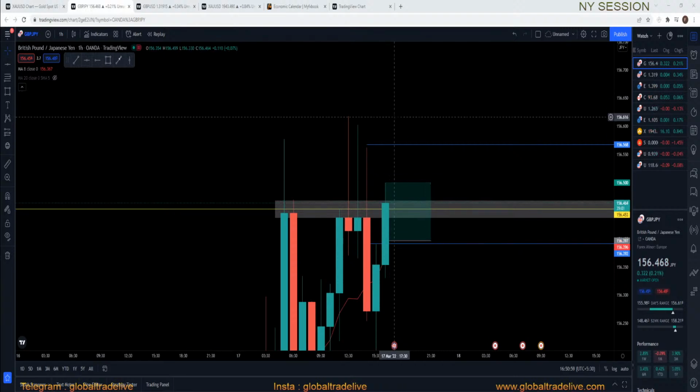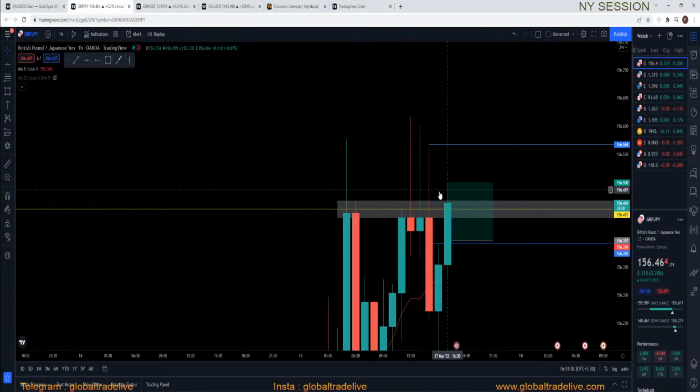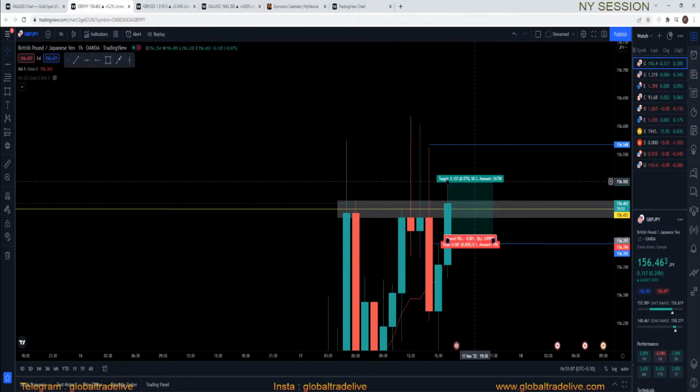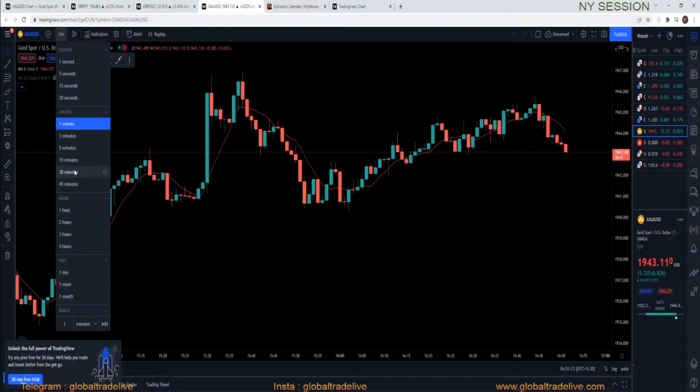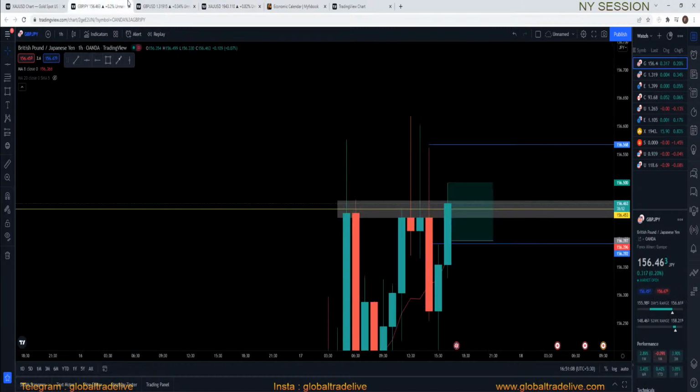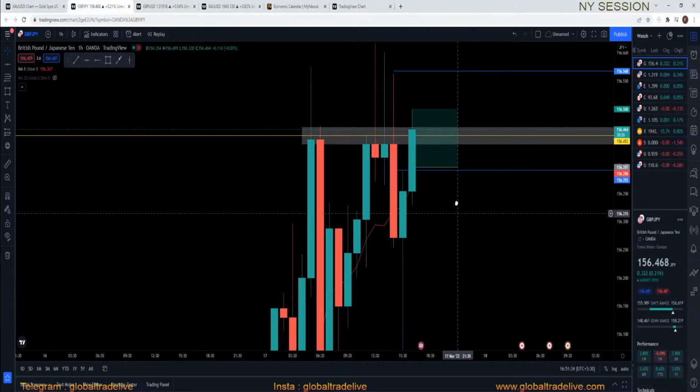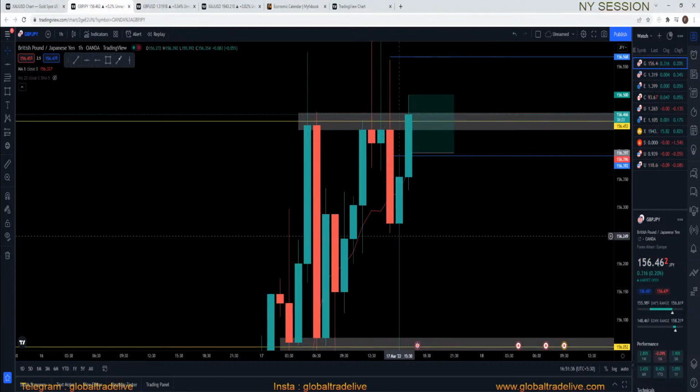Now let's see what happens. 38 minutes remaining for the current 1 hour candle to close. Because the support was formed.